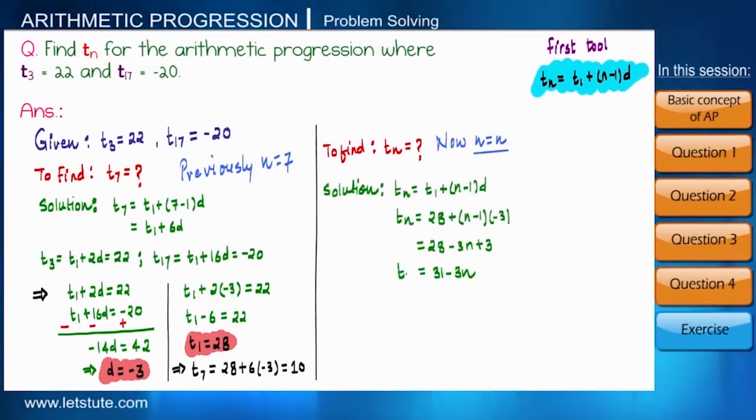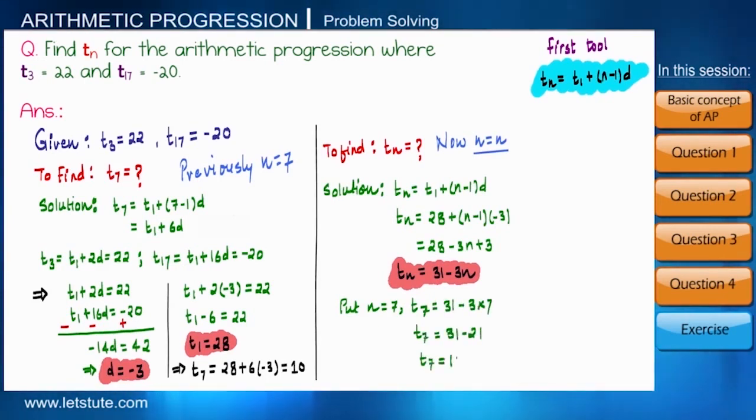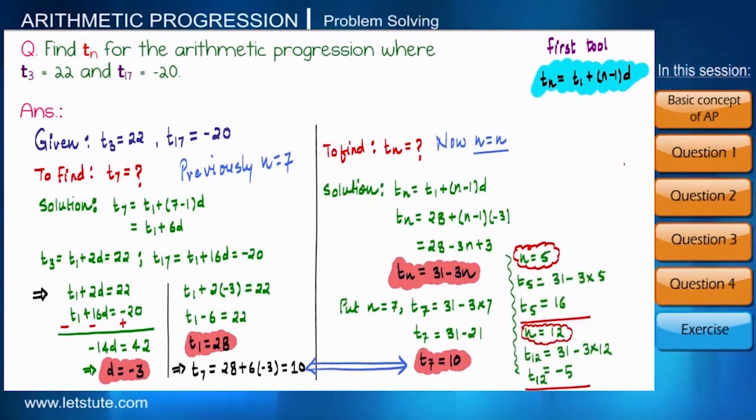By putting all the values in the formula, we will get Tn equals 31 minus 3n, which is a general expression in the form of n. For example, if you want to cross check whether the T7 we found was correct or not, you just put n equals 7 and you will get T7 equals 10. Similarly, you can put different values for n and you will get different terms of the sequence.